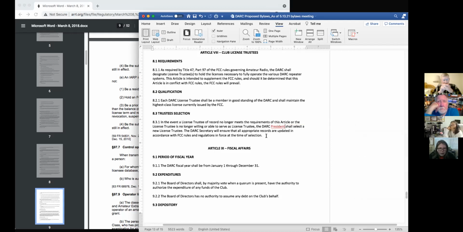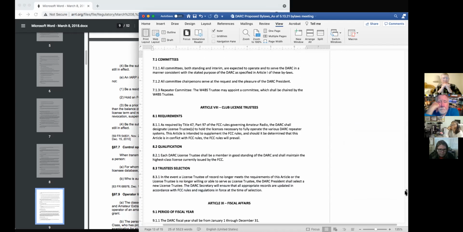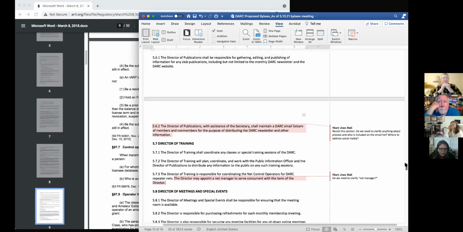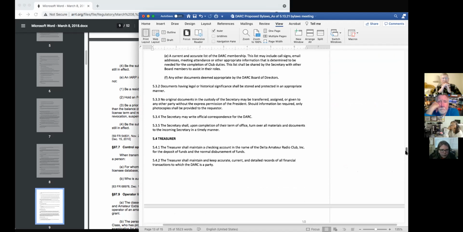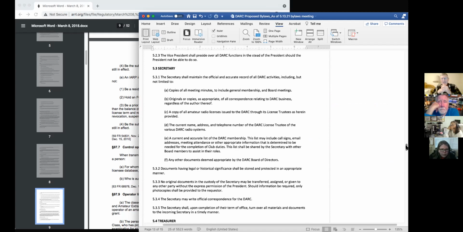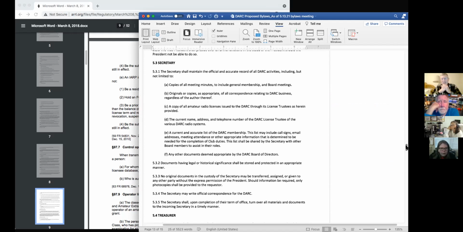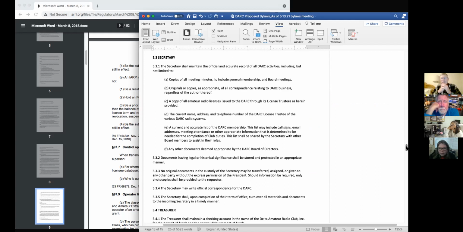And then this, we should probably make a note in the secretary section or change it to, well, I don't know. Let me go and look. That's a new one to me. Well, all you do is look at the license call sign and see if the trustee is there.